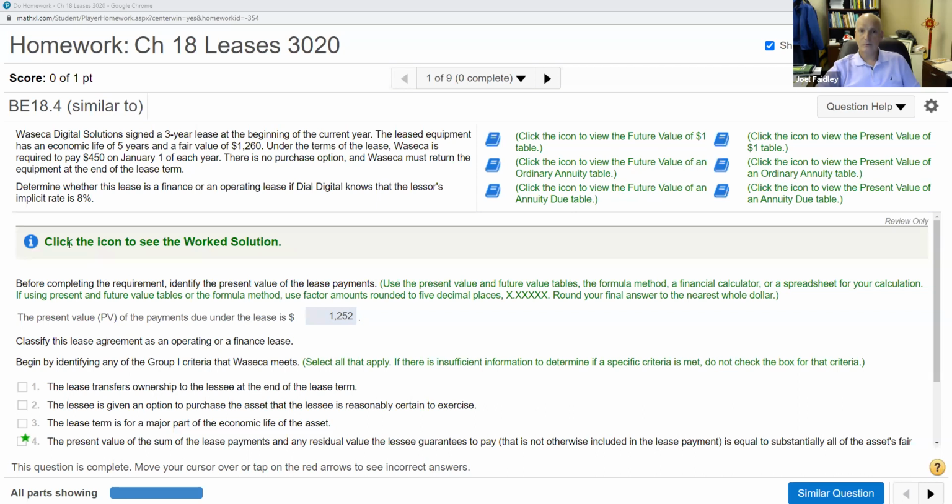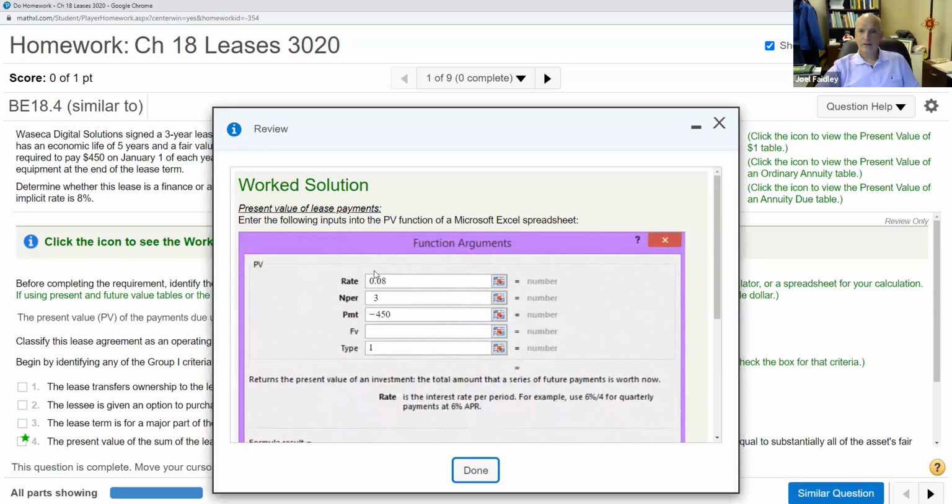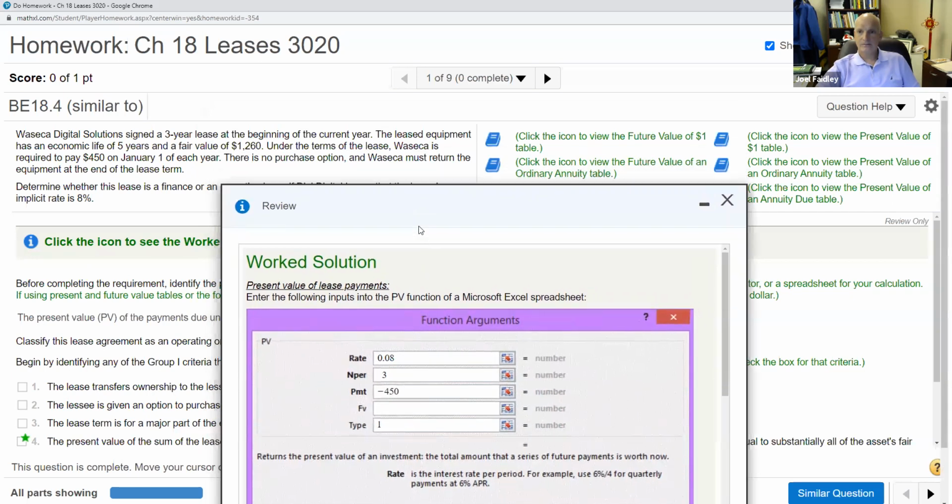Present value. And so that's what we're going to calculate here. And when I pull this up using Excel, using the PV function there, equals PV, left parenthesis, the rate is 0.08, correct? Implicit rate is 0.08. Number of years is 3. There's the payment, $450.